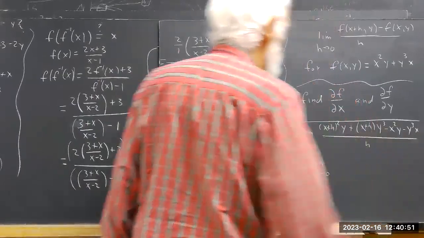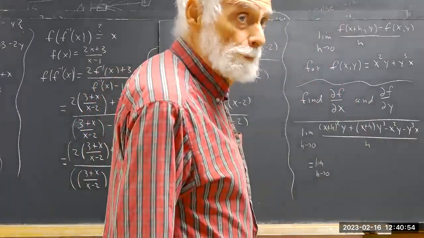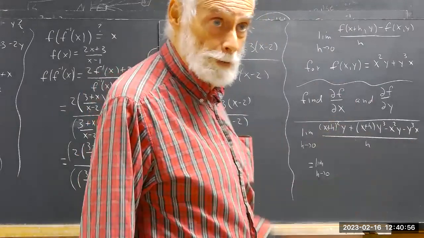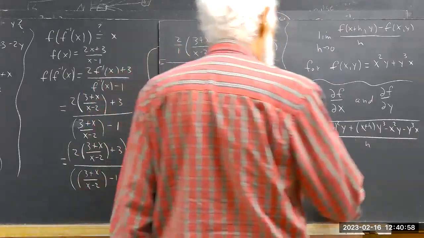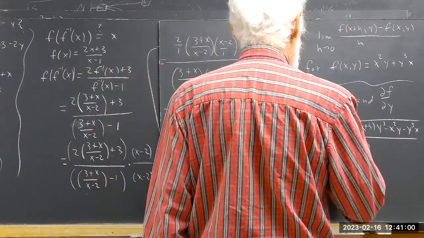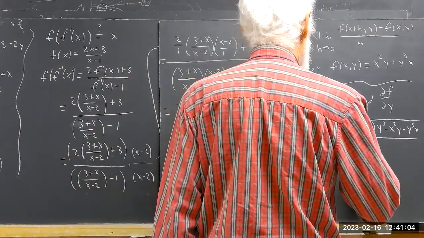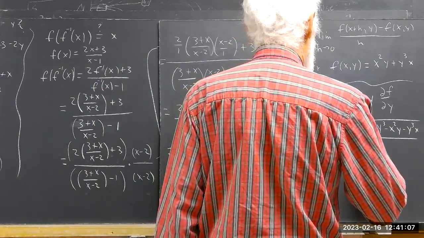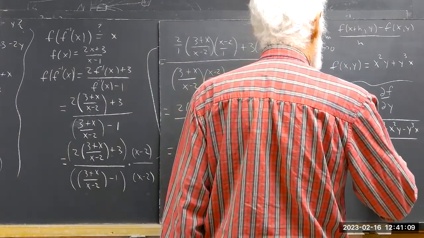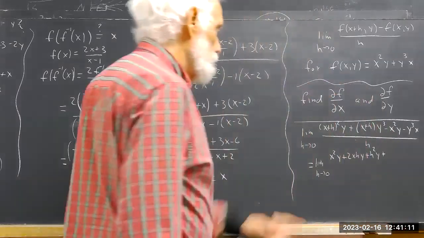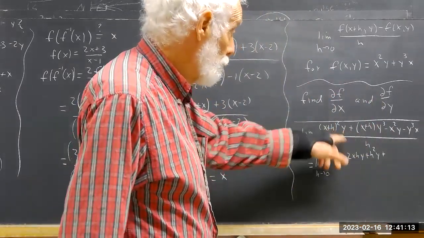Okay, well, expanding x plus h squared, we get x squared plus 2xh plus h squared, and multiplying that by y, then we get this beautiful thing.